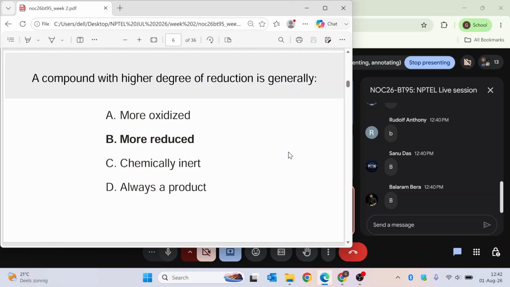Briefly, degree of reduction tells us how much energy can be derived from a particular substrate or compound. So that's an indicator of how much energy we can derive. And as I told, we'll have a more detailed discussion on degree of reduction, electrons, and energy content, and how all this is related, in the later part of this class.